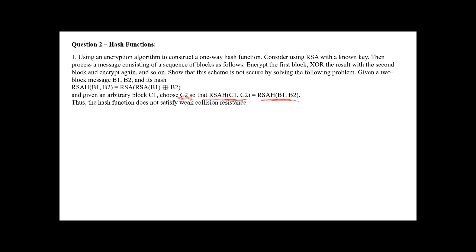So, if we are to use the same equation for RSA hash of C1, C2, the equation for encryption should be as follows. RSA hash of C1, C2 should be equal to, using the same equation here, RSA of B1 XORed with B2.